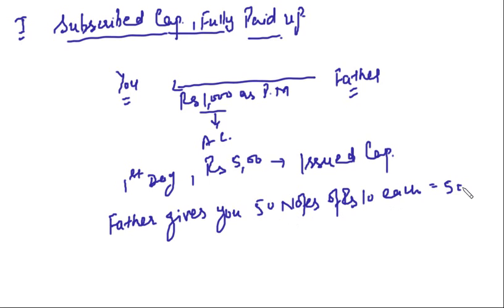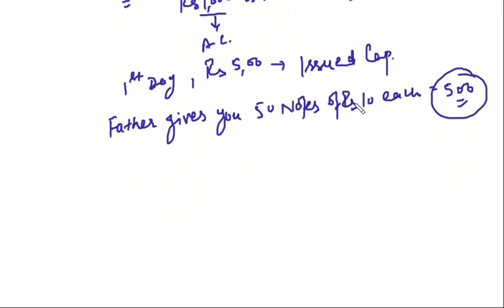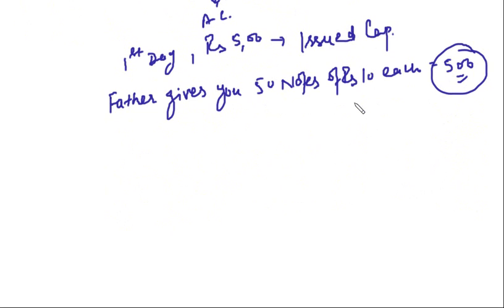That is 500 rupees. This is your subscribed capital fully paid up. You asked your father for 500 rupees, and your father paid you 500 rupees in the form of 50 notes of rupees 10 each. That is subscribed and fully paid up.